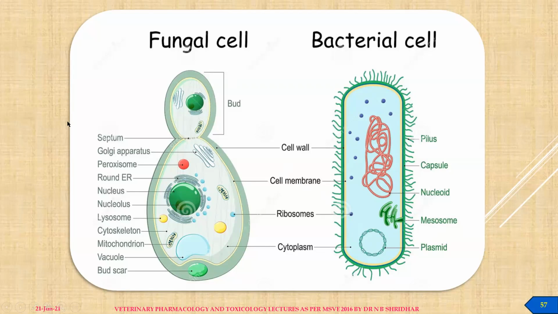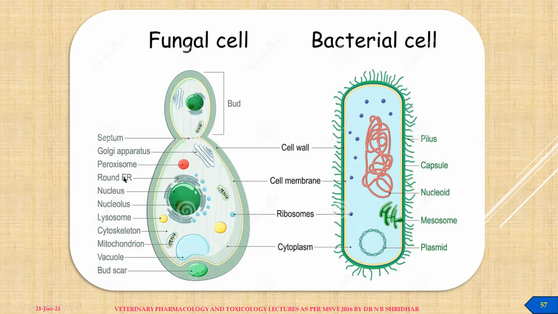Whereas the fungal cell has a septum and is more developed than the bacterial cell. It has the Golgi complex, or Golgi apparatus. Then peroxisomes are there, and of course the endoplasmic reticulum is also present.